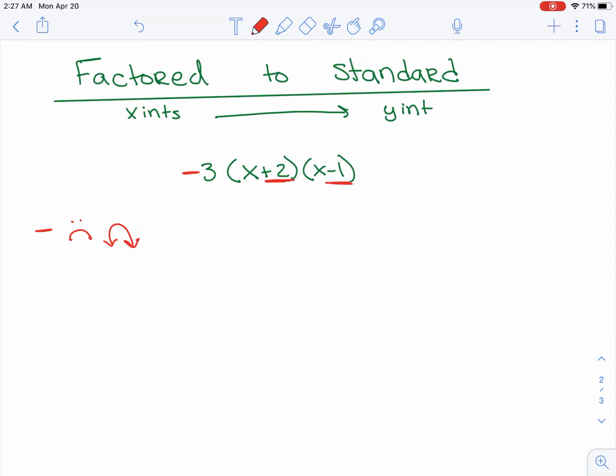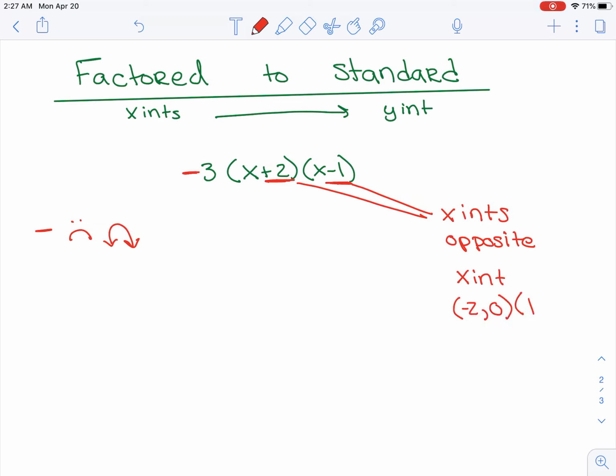We have these pieces right here. Those pieces create my x-intercepts, and we're always looking for the opposite. So my x-intercepts are negative 2, 0, and positive 1, 0.